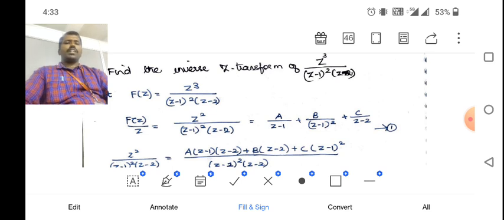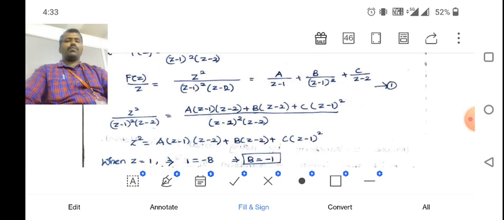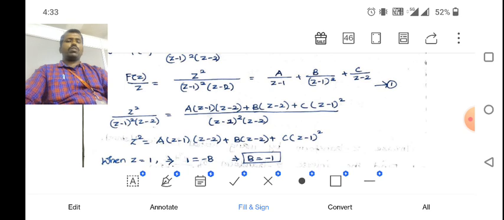F of z by z equal to z square divided by (z minus 1) the whole square into (z minus 2), equal to a by (z minus 1) plus b by (z minus 1) the whole square plus c by (z minus 2). Cross multiply this equation.